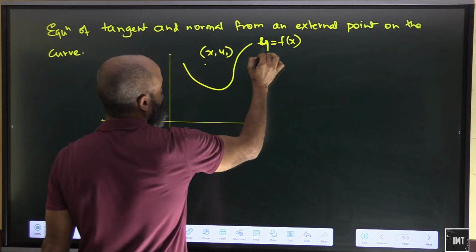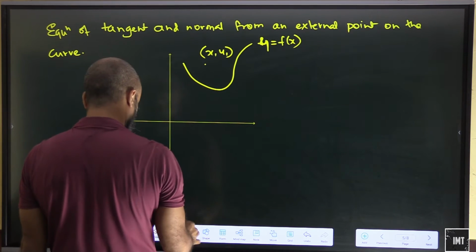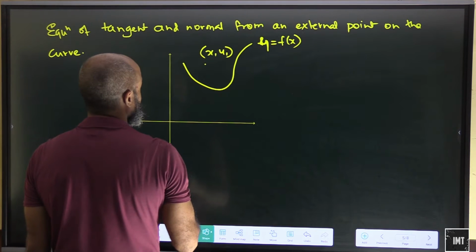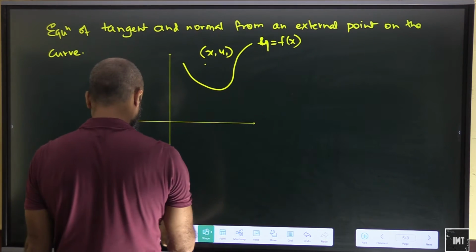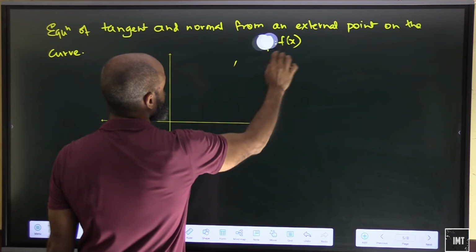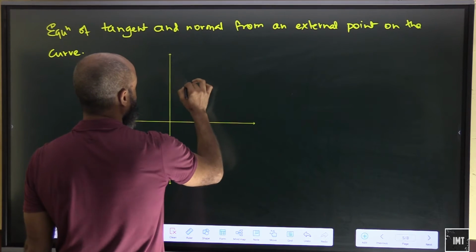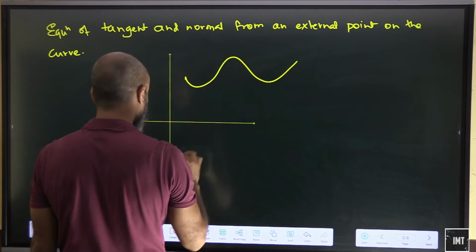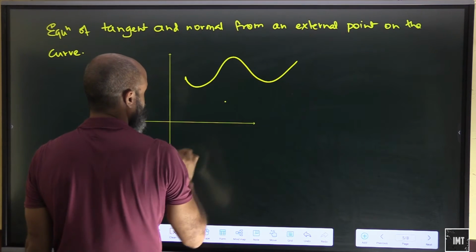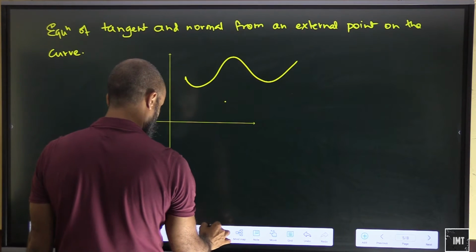This is the curve having the definition y is equal to fx. So let's say we draw a curve here, and we are talking about an external point, let's say here, and we draw a tangent from here.